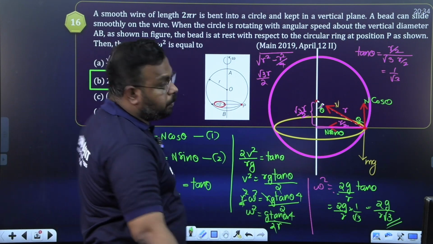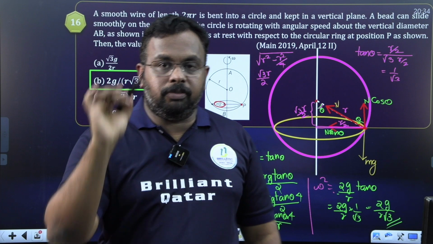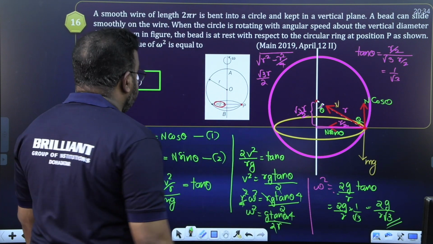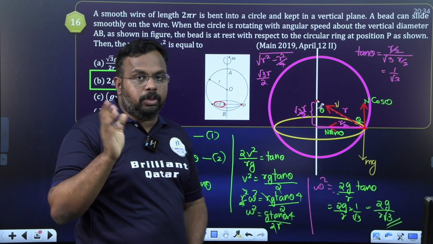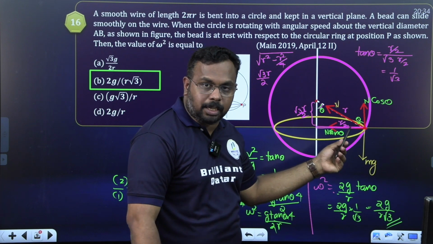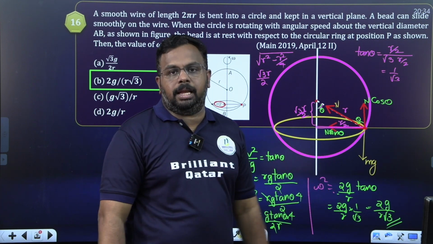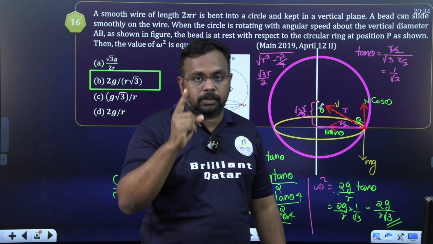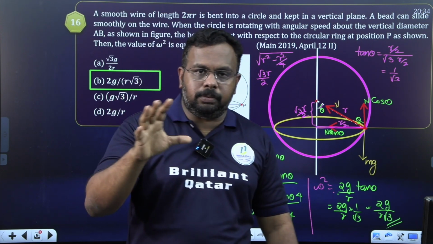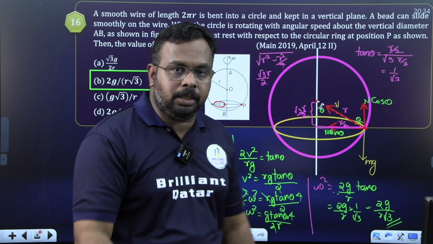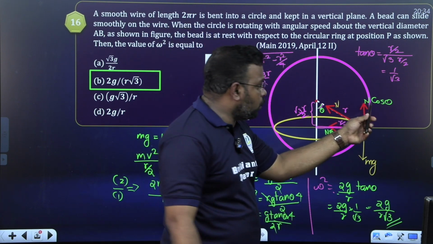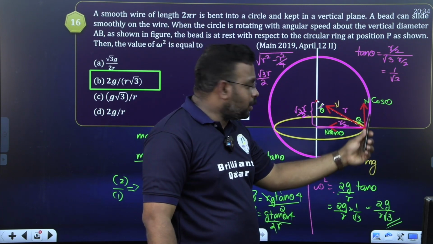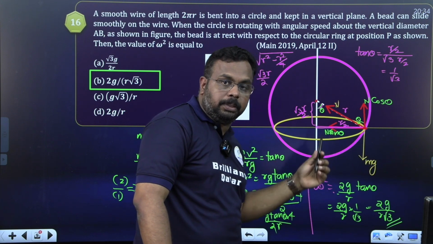Yes, obviously a bit confusing question. If doubt is there, you can ask me, I'll explain again. So the idea we use here is, here it is coming to rest means the weight should be balanced by something. And since it is moving in a circular path, we can say the part of the weight will be utilized for something else. So some part of the weight is utilized for what? The normal reaction, and the rest is utilized for providing the centripetal force.